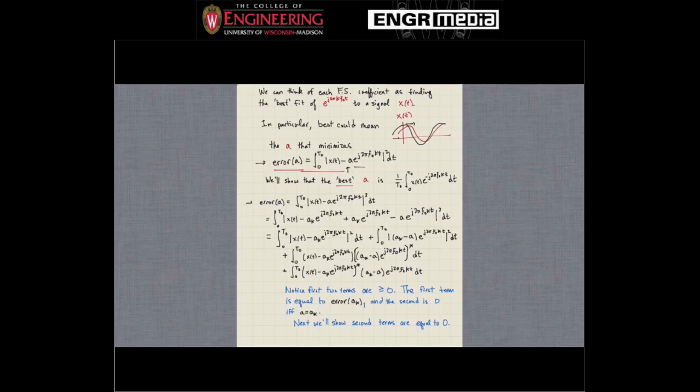This won't change the value of what's in this integral. I'm just going to add and subtract that, and the reason is we'll see in a second that it's going to greatly simplify things.